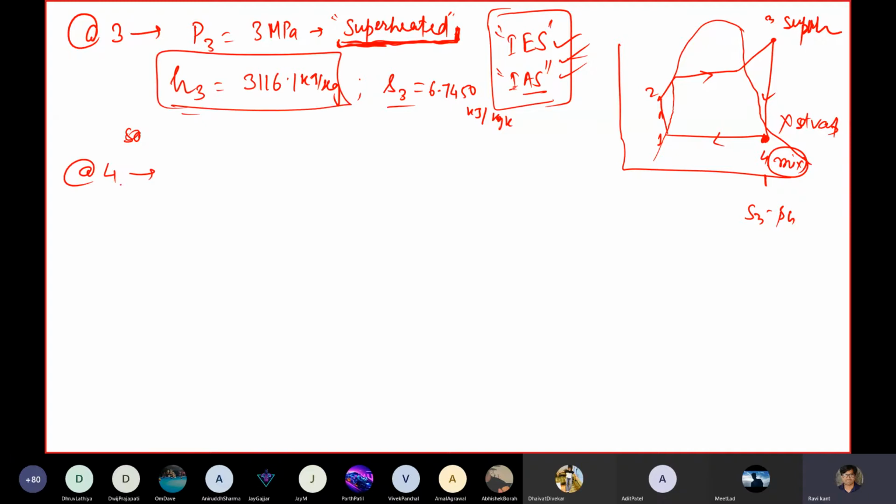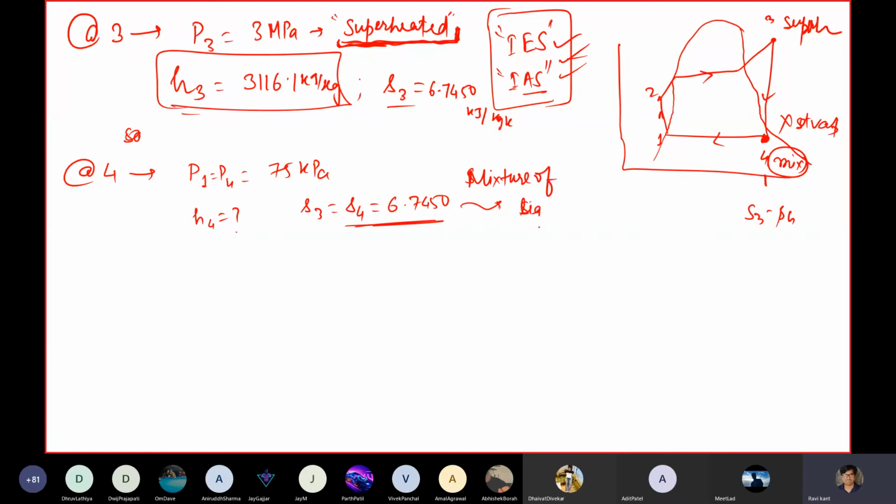At state 4, P4 is equal to P1, that is 75 kilopascal, the condenser pressure. And H4 I need to calculate, where S3 I have calculated, which is equal to S4 again, because this is isentropic. This is the data we are given. So with this S4, can we calculate, since this is a mixture of liquid and vapor?